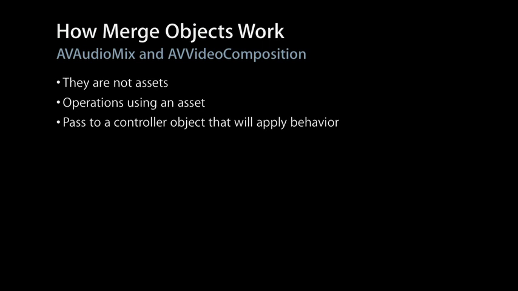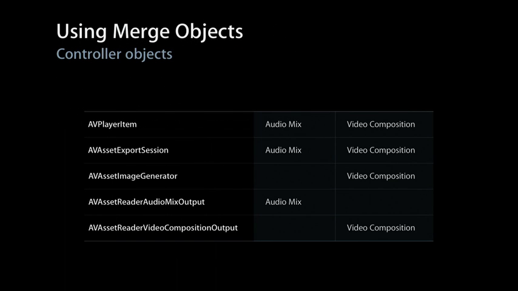These merge objects, audio mix and video composition, are not assets. They are operations to be performed on assets. What you do is pass one or both of these objects to something else in order to have the operations applied. For example, a player item can take an audio mix and a video composition, which describe how the asset should be modified before being displayed.